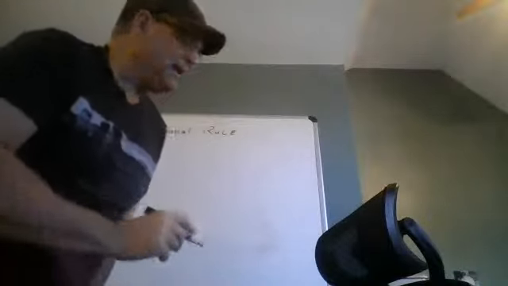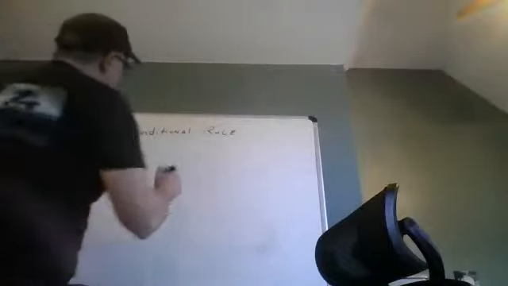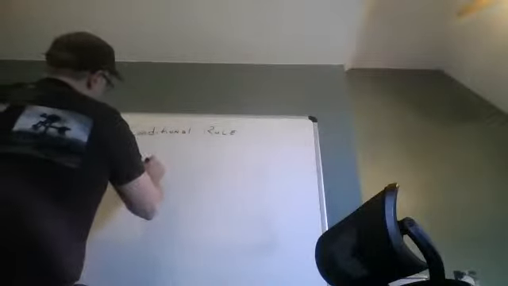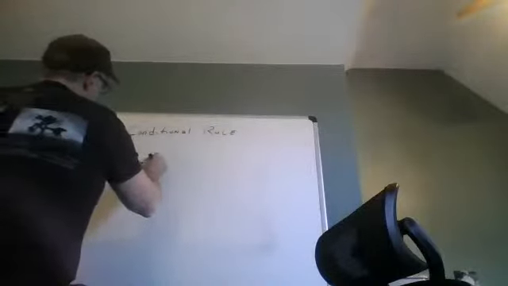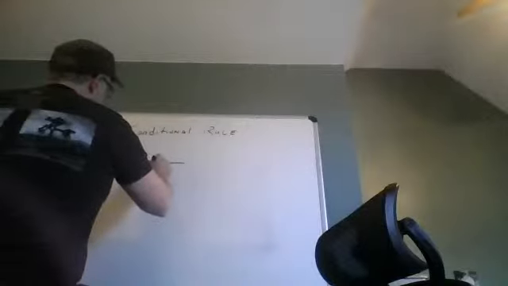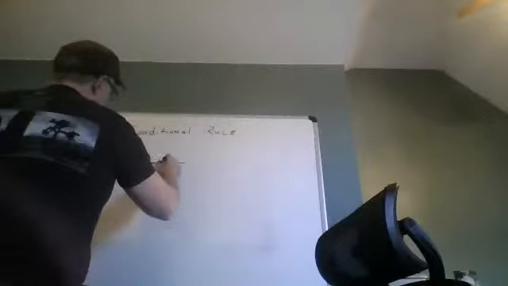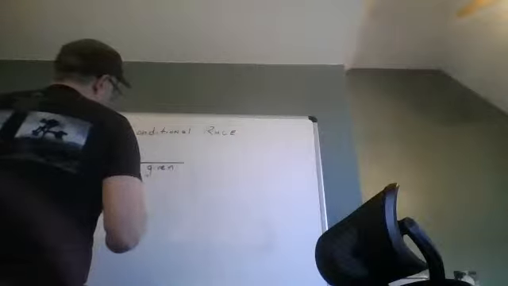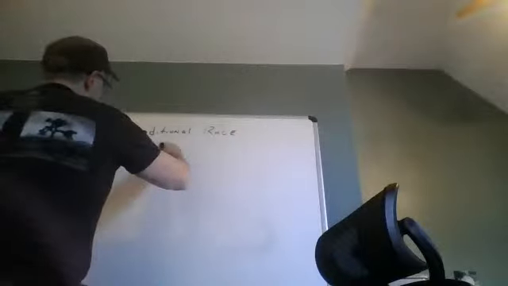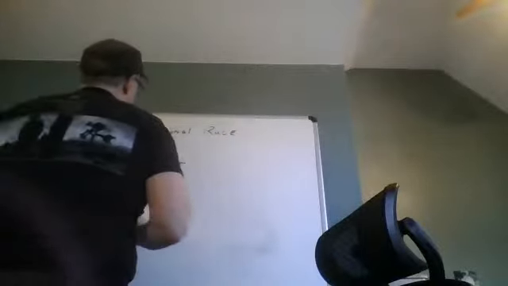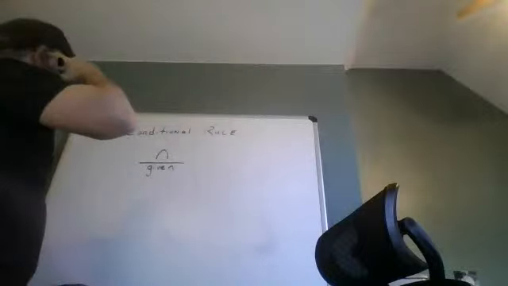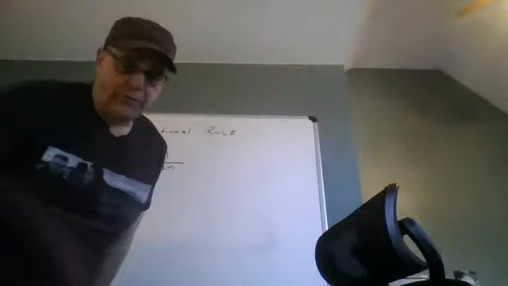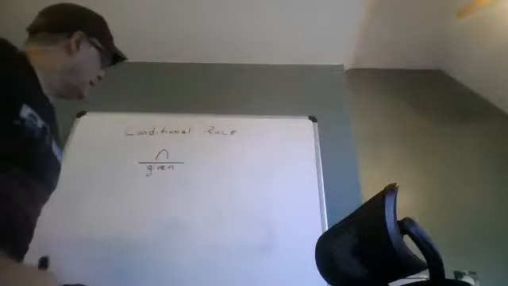Now we're setting a condition. So if you remember this rule, you will be all set for this. You find the given, whatever is the given, goes on bottom, and that intersection with the given goes on top. All right? It's a simple rule, simple as that, given over intersection.